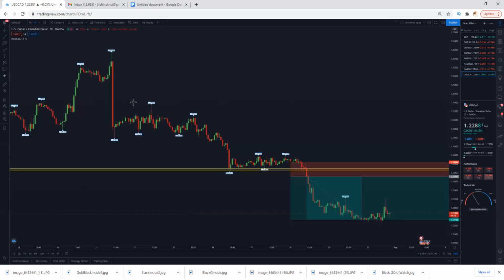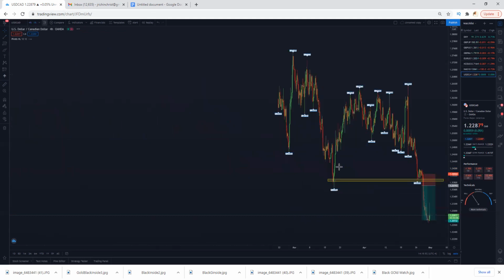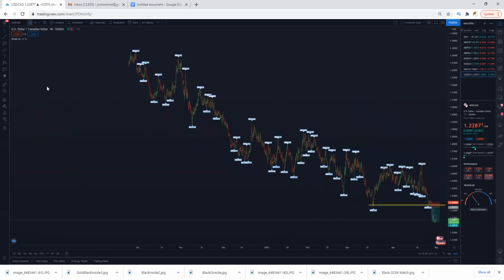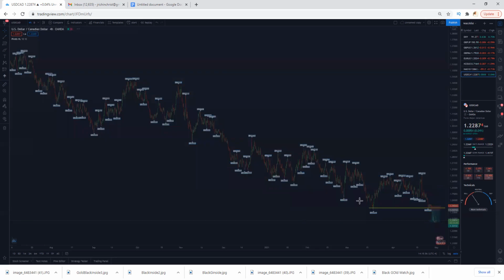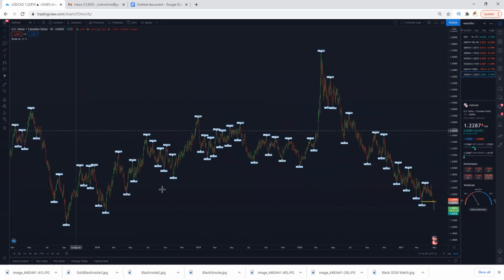As soon as it closed right there, stop loss would be above the structure, 22 pips. It could be 33 pips, whatever you want to go for. And there's technically no level of structure until, let's see, till right here. Sorry, that's not the right one. To right here. Boom.